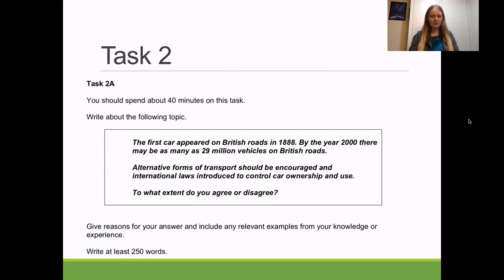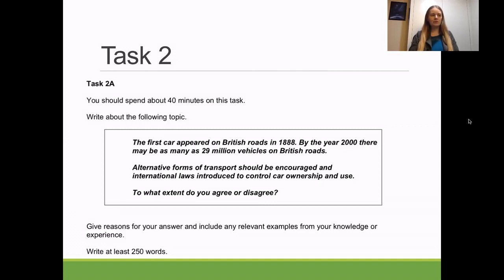Alternative forms of transport should be encouraged and international laws introduced to control car ownership and use. To what extent do you agree or disagree? And then below the question, it says, give reasons for your answer and include any relevant examples from your knowledge or experience. Write at least 250 words.